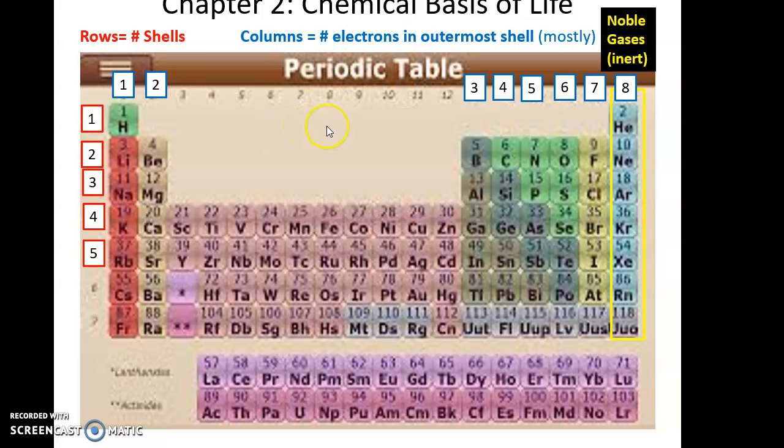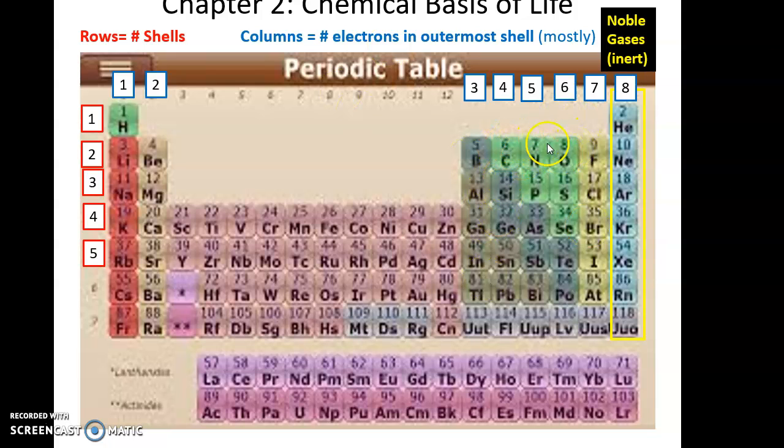And then the columns going up and down will tell us how many electrons are in the outermost shell. So in the first column, all of these atoms have 1 electron in their outermost shell. In column 2, all of these atoms have 2 electrons in their outermost shell. We skip this stuff in the middle, and then for column 3, they have 3 electrons in their outermost shell.